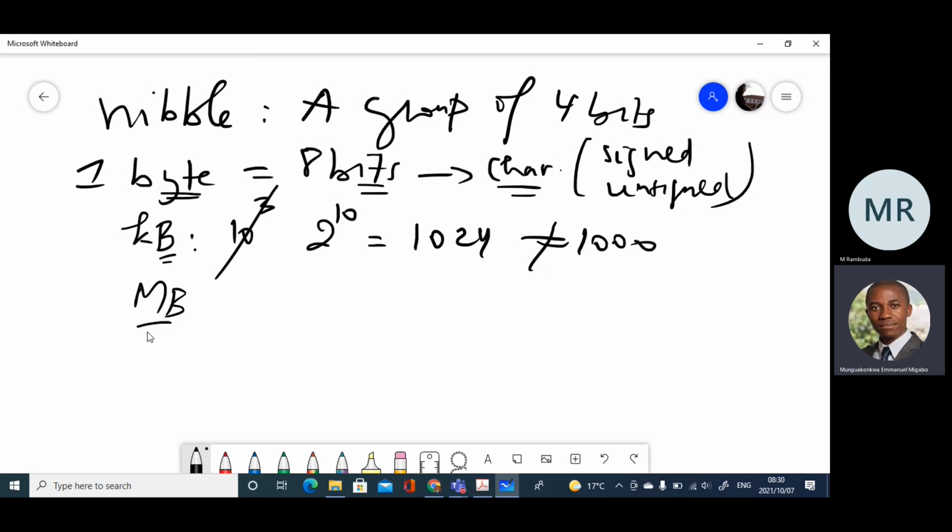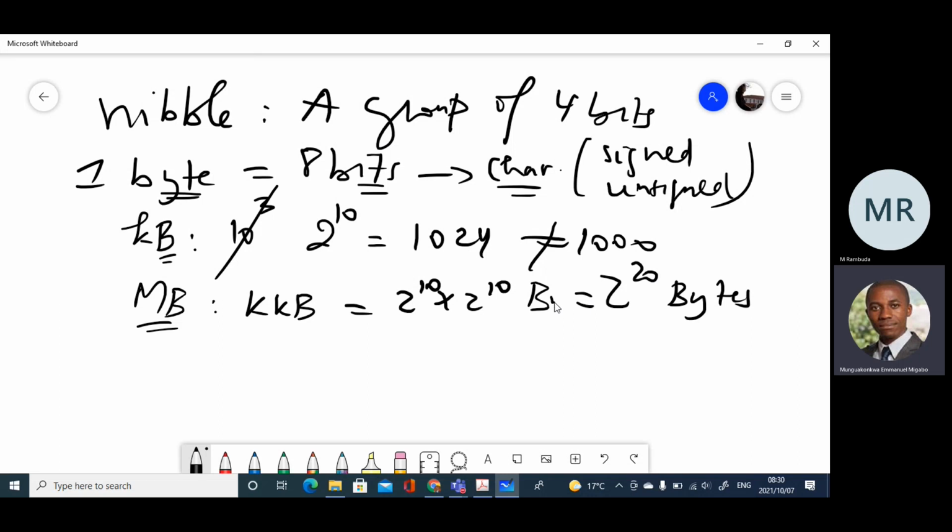When we go one step higher, we've got megabytes, and megabytes work the same way. So a megabyte is a kilo of a kilobyte. That is 2 to the power 10 times 2 to the power 10 bytes, and that is basically 2 to the power 20 bytes. And of course, you can go to gigabyte, which is 2 to the power 30 bytes.